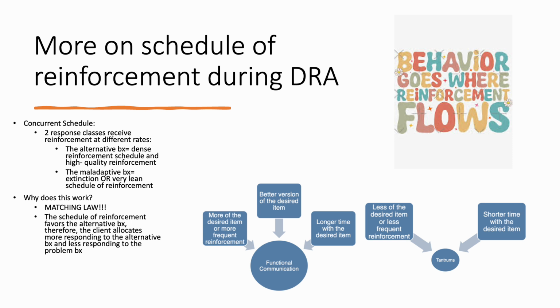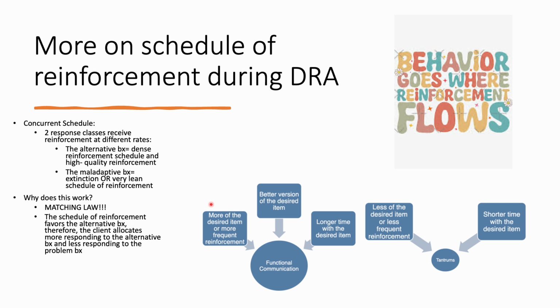So why is this effective? Why does this work? Like I said, we have our concurrent schedules of reinforcement, which is when we have two behaviors that can occur at any given time, and each of those behaviors will receive reinforcement at different rates, or will contact some schedule of reinforcement, whether it's contacting extinction, or it's contacting reinforcement, or whatever it might be, okay?